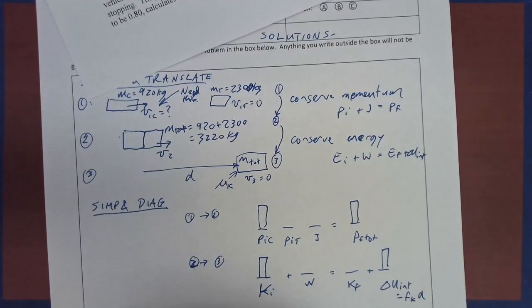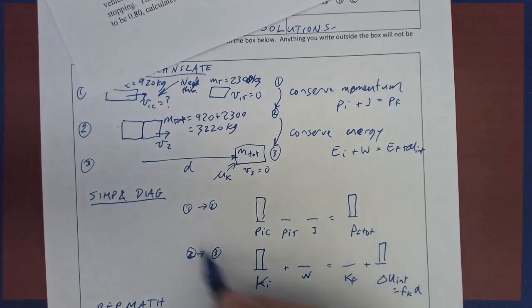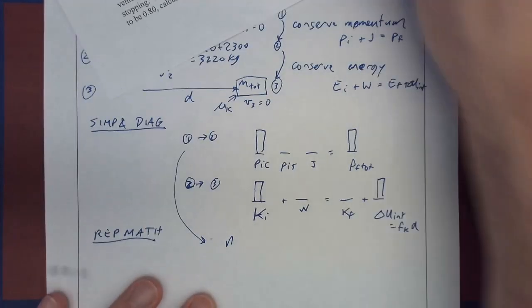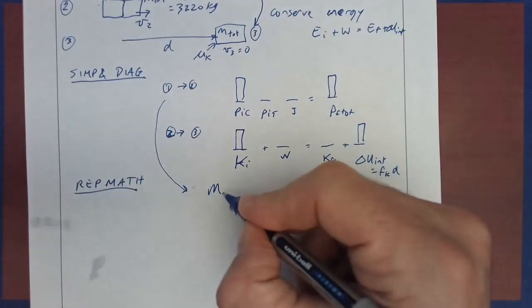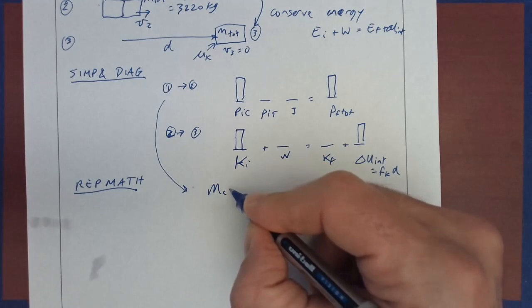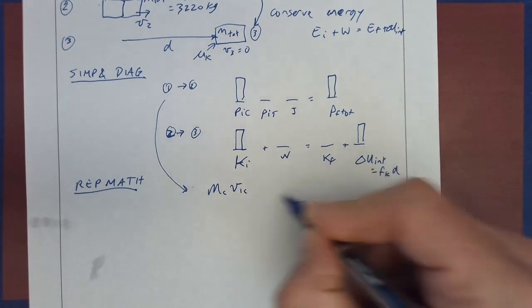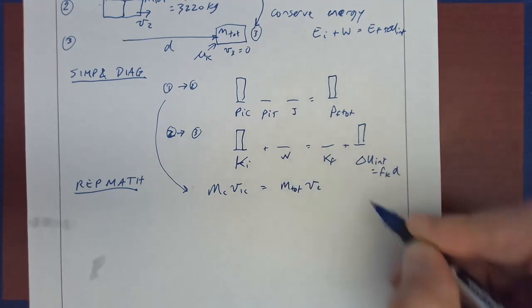So when we get to our represent mathematically stage, what you've got is this equation, which is that the mass of the car times the V1 of the car plus 0 plus 0 is equal to the mass total times V2.